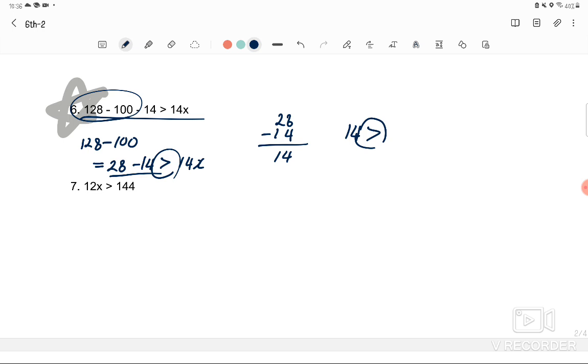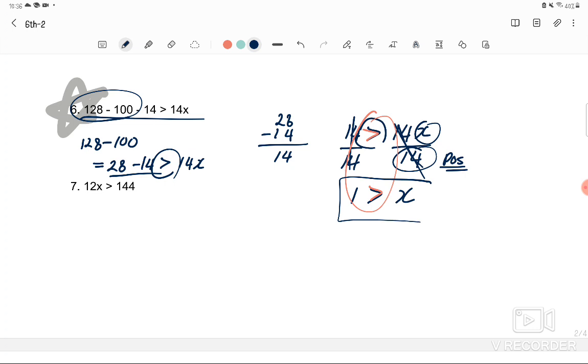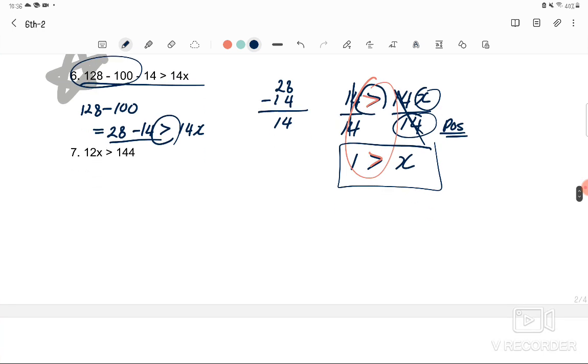So you divide by 14 on both sides to leave the x by itself, and the 14 cancels out, and it becomes 1. Since you divide by a positive number, the sign does not change. This is a key thing to recognize. So the answer is x is less than 1. You always read the variable first.